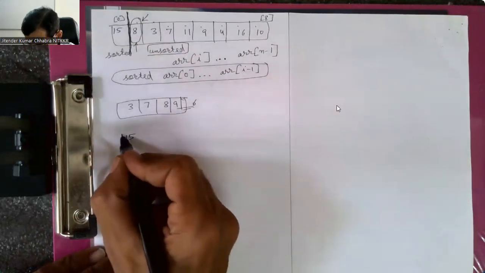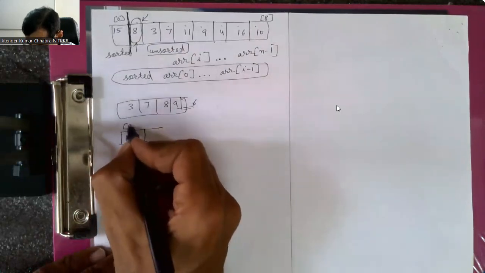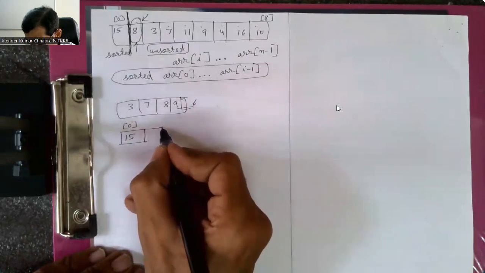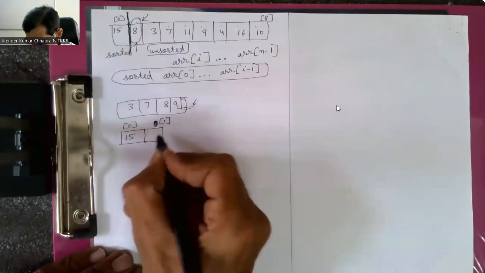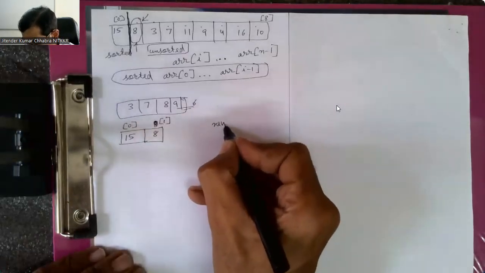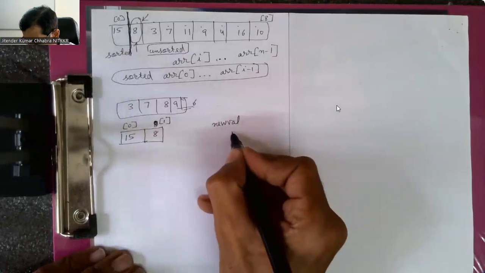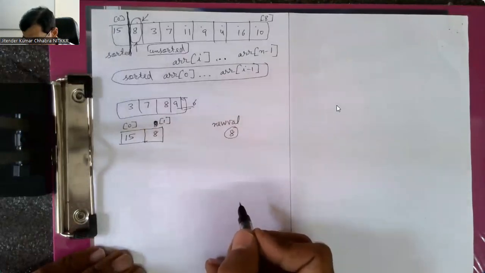Just see what happened. 15 is already considered as sorted at index 0, and 8 is the new element coming up. So I will take a new variable, new val, where I will store 8 and keep on comparing. Why am I taking a new variable?